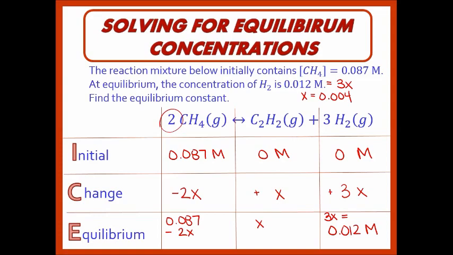So our equilibrium concentration of C2H2 is 0.004, and our equilibrium concentration of CH4 is going to be 0.087 minus 2 times this 0.004 value, which gives us a concentration of 0.079 at equilibrium.